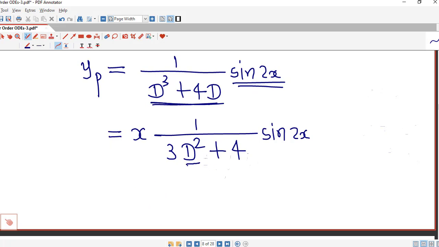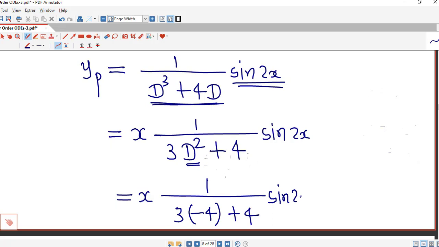Now if we replace d square by minus 4 here, we will have minus 12 plus 4, that will remain non-zero. So now we can replace d square by minus 4, and here plus 4, sin 2x. So here we are putting d square equal to minus 2 square, that is minus 4.